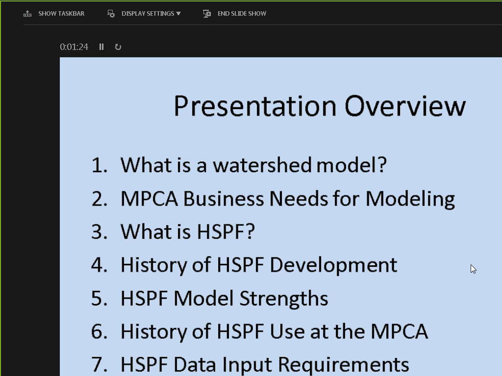So here's an overview of my presentation. I'm going to focus mostly on the 5 items that Heidi asked us to address in our talk, but I will be touching at least briefly on what a watershed model is, what the MPCA business needs are for modeling, what is the Hydrologic Simulation Program, Fortran, the history of HSPF development, HSPF model strengths, history of use of HSPF at the PCA, HSPF data input requirements.